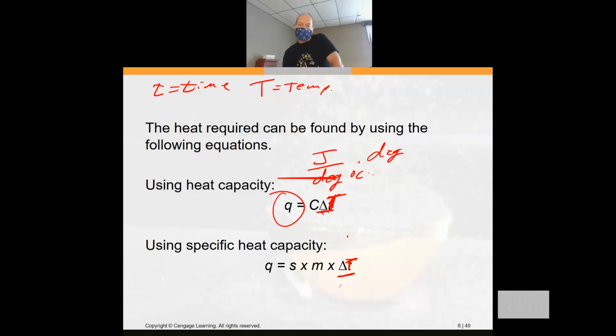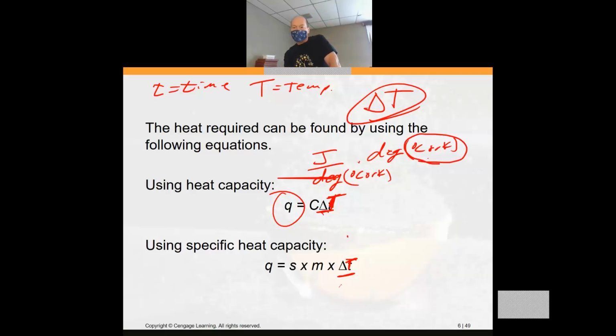This can be Celsius or Kelvin because it is a delta T. Delta T can be Celsius or Kelvin. It's the same number. The reason it says it can be this or this is not that they are two different numbers. It is the same number. If you do a delta T and you get Celsius and you then want to go to Kelvin, if that's two different numbers, you did it wrong.